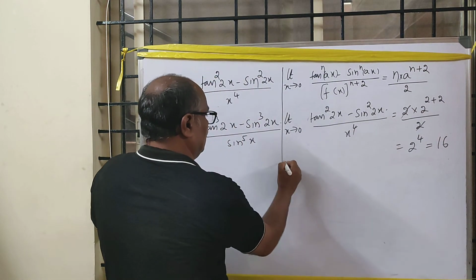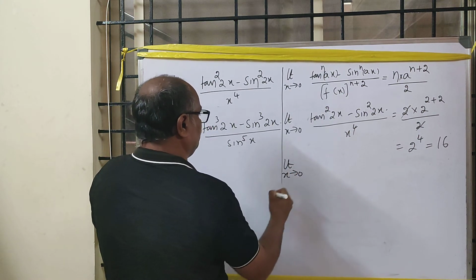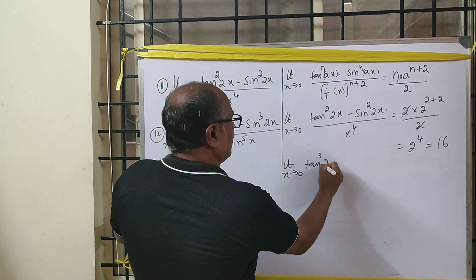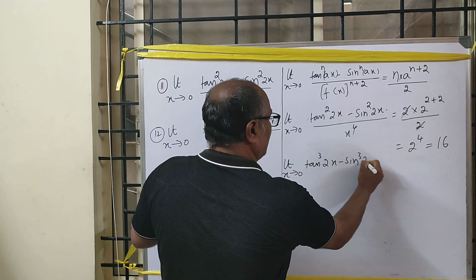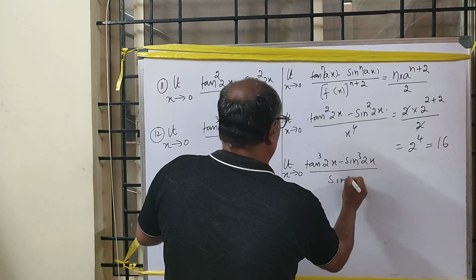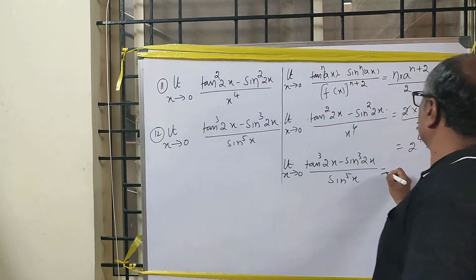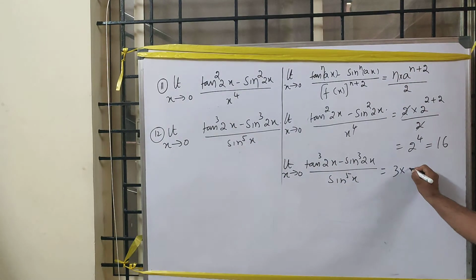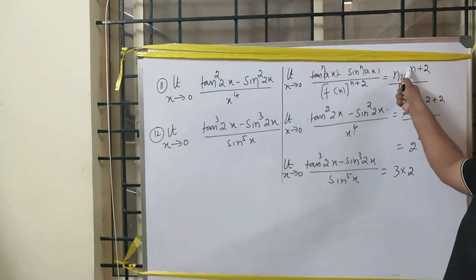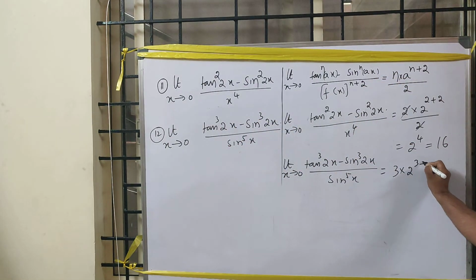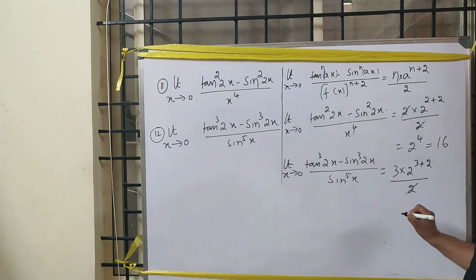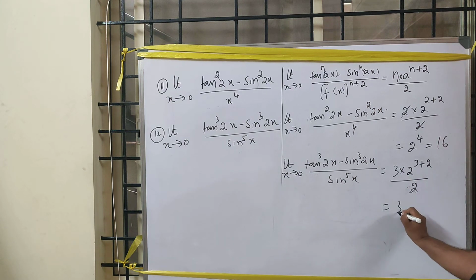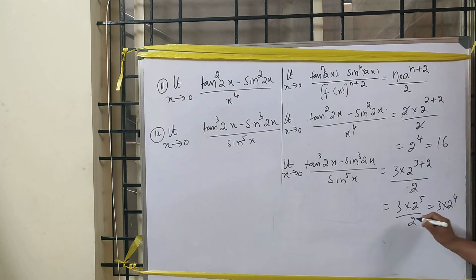For the 12th one, similarly, limit x tends to 0, tan cube 2x minus sin cube 2x divided by sin to the power of 5x is equal to n into a to the power of n plus 2 divided by 2. Here the value of n is 3, the value of a is 2, so 3 into 2 to the power of 5 by 2, 3 into 2 to the power of 4. One 2 gets cancelled by the other 2, 48 is the answer for this.